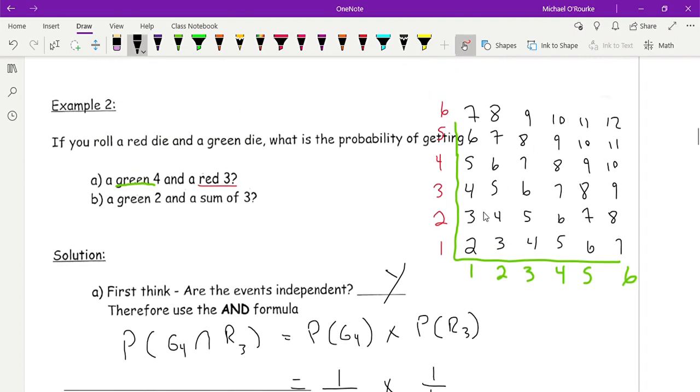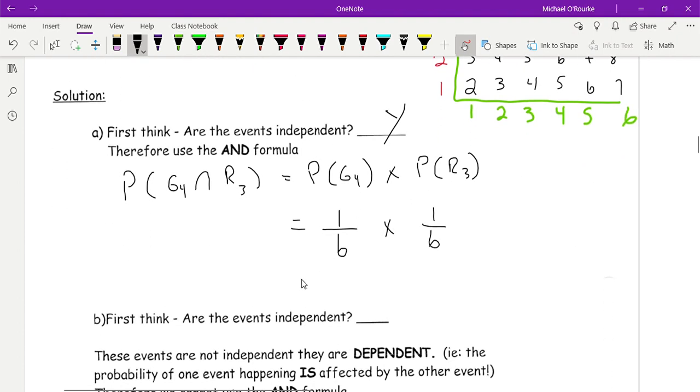Don't worry about this chart yet, just look at the color here. Those are the sums; these are just the numbers, right? So we multiply those together, we get 1 over 36. That's our answer.